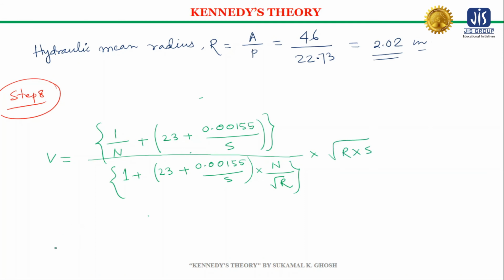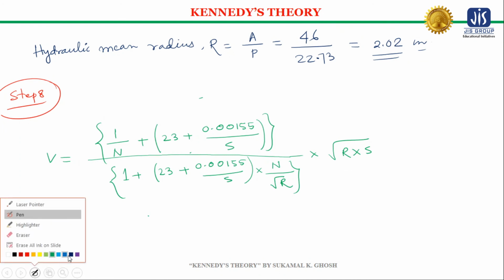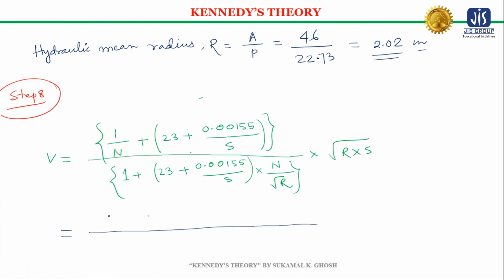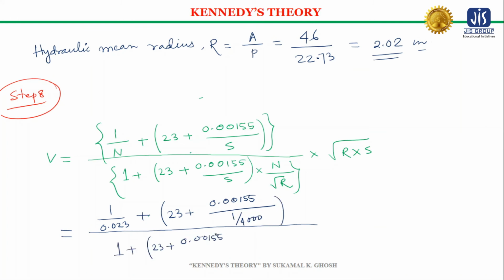Okay, now if you put all the values, you will have 1 by 0.023, because the value of rugosity coefficient is 0.023, right, plus 23 plus 0.00155 divided by the value of S, 1 in 4000, right. What is the value of R?